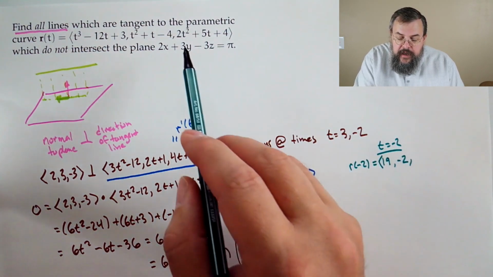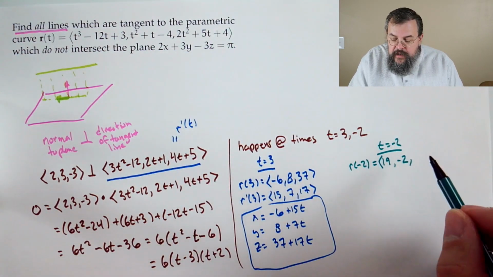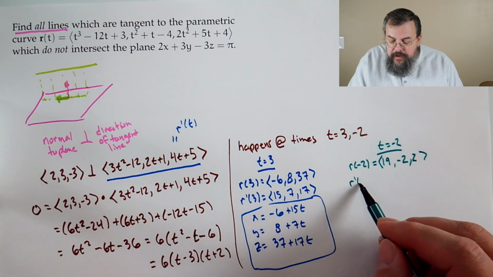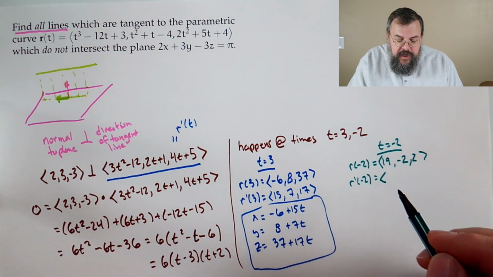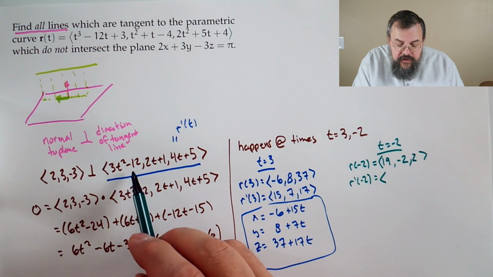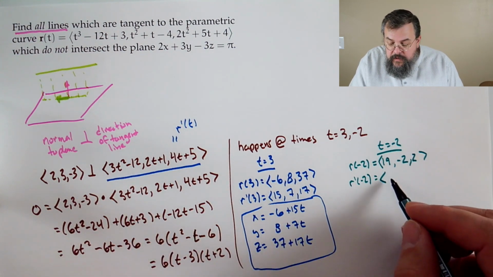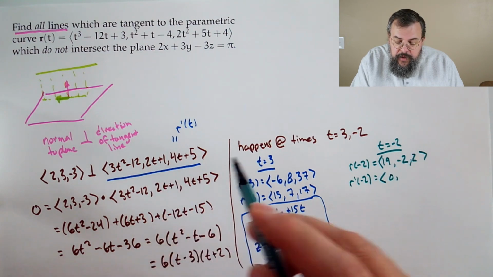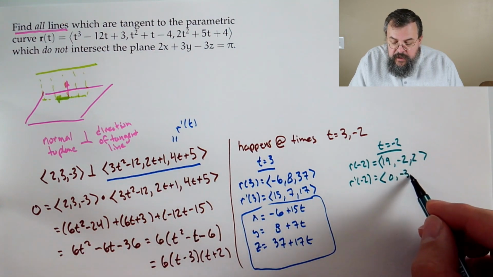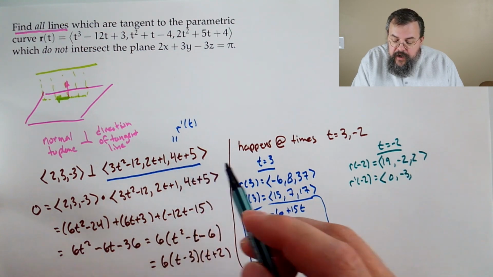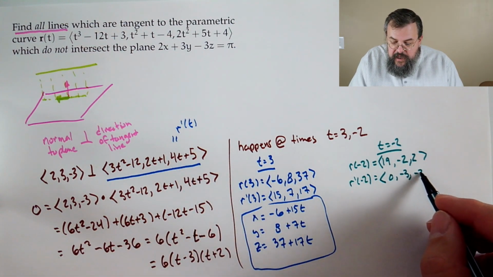Well, that's really like 12 minus 10, which will be positive 2. r prime of negative 2 would be 12 minus 12, 0. And then we have minus 4 plus 1, minus 3. And then here we'd have minus 8 plus 5, minus 3 again.